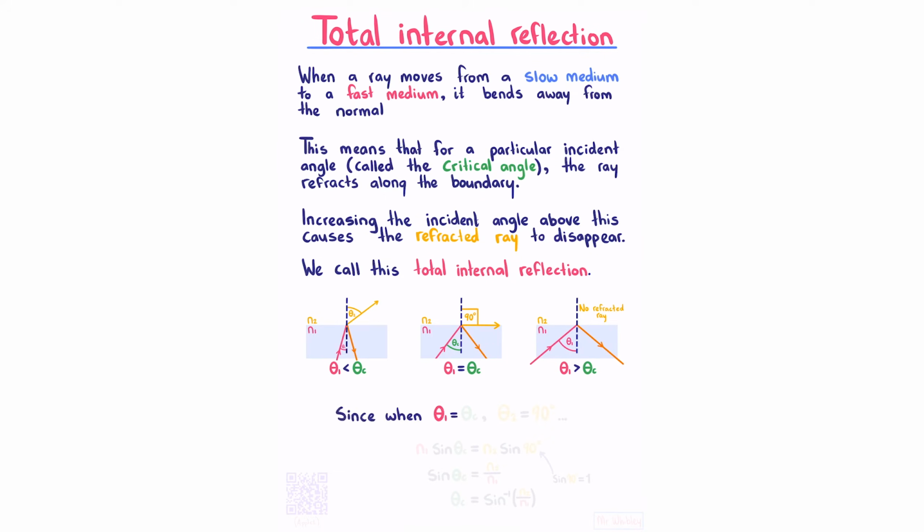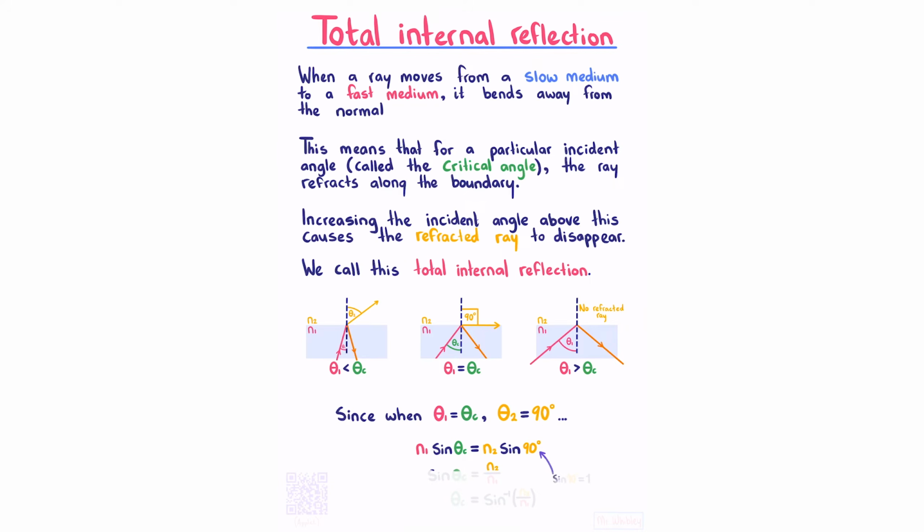Since when θ1 equals θc, our refracted angle θ2 equals 90 degrees, or in other words, this situation here, we can use Snell's law to write n1 sine θc equals n2 sine 90 degrees, where we are writing θc instead of θ1 since they are equal, and we're writing 90 degrees instead of θ2 because they are equal.